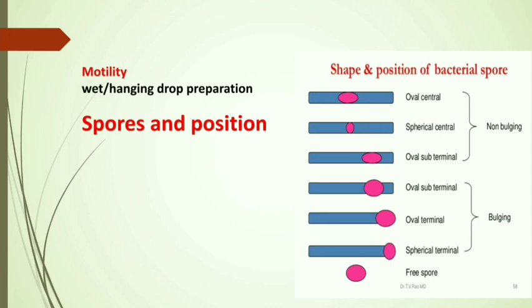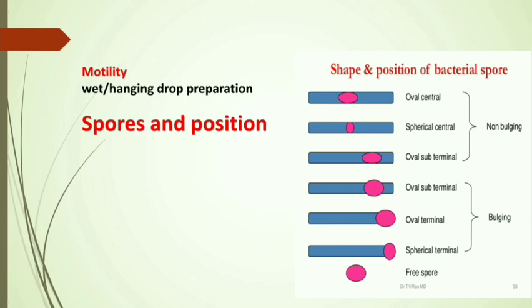Next, we check for motility. We use either hanging drop preparation or wet preparation. Next, we have spores and their position. The spores of a bacteria may be oval or spherical in shape.